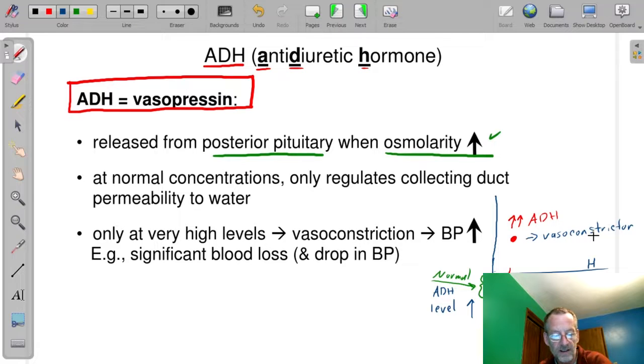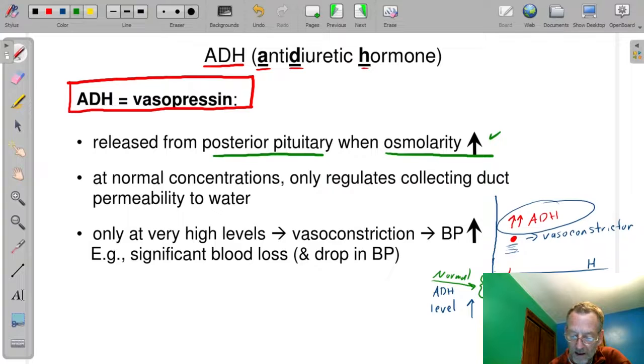Pressin, it's pressing on the blood vessels, contracting them, causing them to squeeze and compress the blood to raise blood pressure, but only at high levels. Okay. And what could cause that to go high? A drop in blood pressure. Again, this is a review, right?